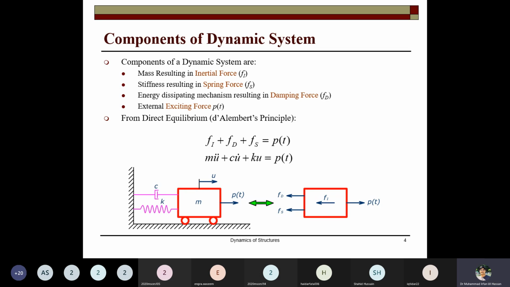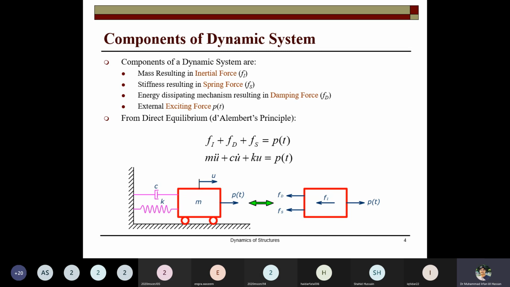represent a dynamic system. Mass results in the inertial force, stiffness results in the spring force Fs, and the energy dissipating mechanism results in a damping force. From direct equilibrium, from the D'Alembert principle, as the different principles were explained last time, we can write that the sum of all the forces, inertial plus damping plus spring, is equal to the external exciting force.